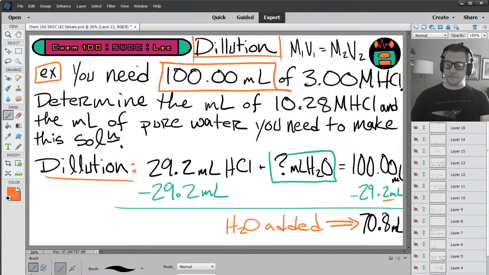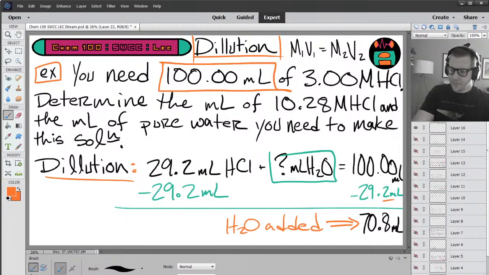All right. So that is dilution. It's a pretty straightforward equation. It's not the worst type of problem in the world. It tends to be one that most classes do very well on in a testing scenario. Okay.